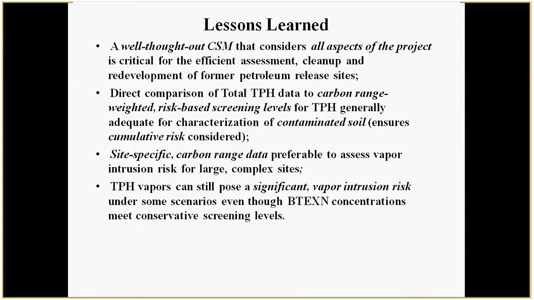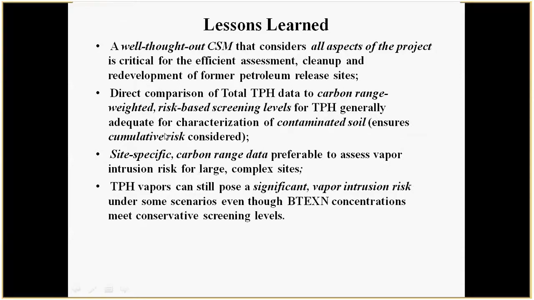So some of the lessons learned: a well thought out CSM considers all aspects of the project, not just direct exposure. Thinking about gross contamination, construction, leaching, vapor intrusion, all aspects of the cleanup, assessment, and redevelopment of the site. Direct comparison of total TPH data to carbon range weighted risk-based screening levels for TPH is generally adequate in our experience for characterization of contaminated soil.